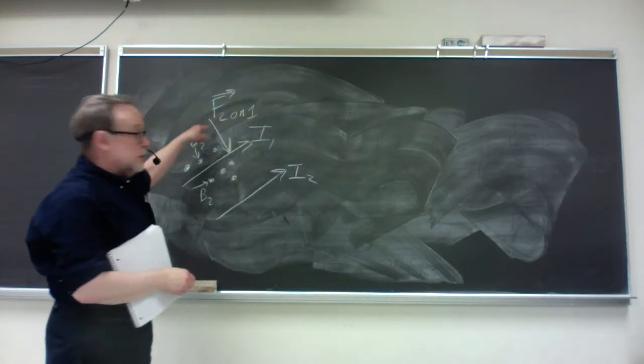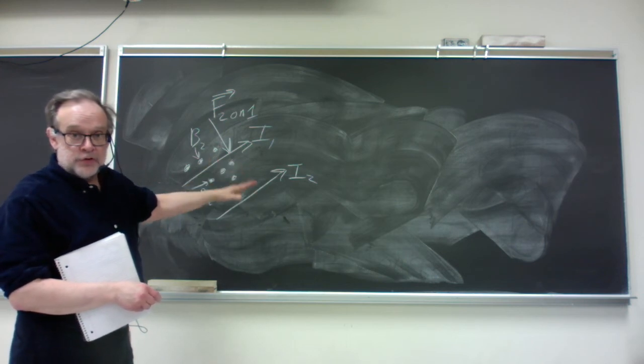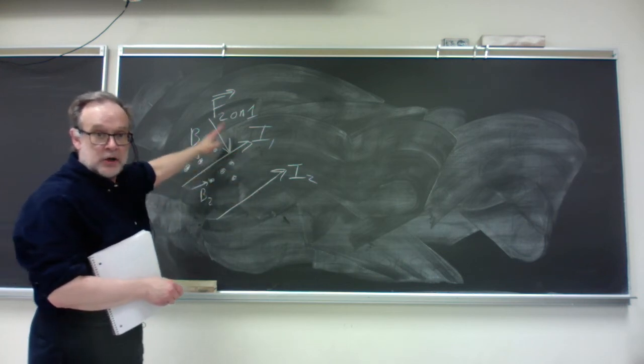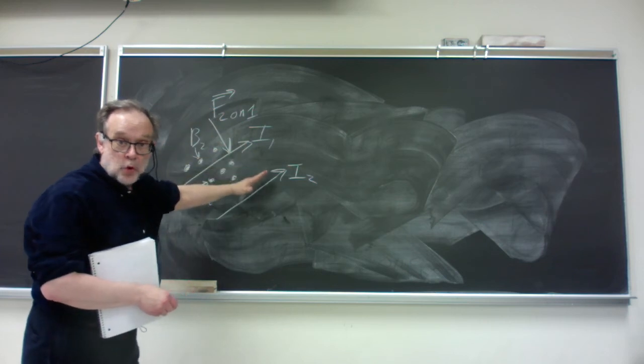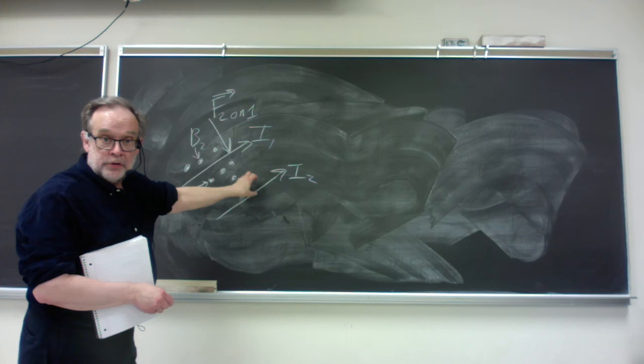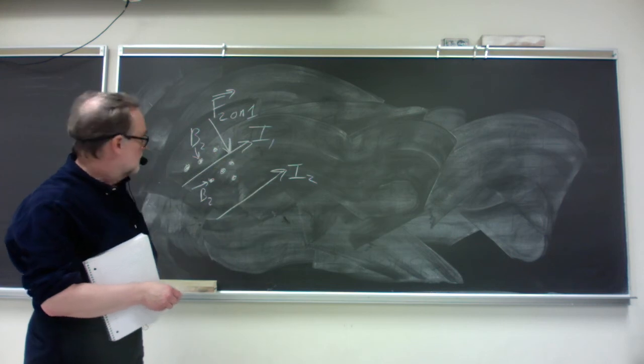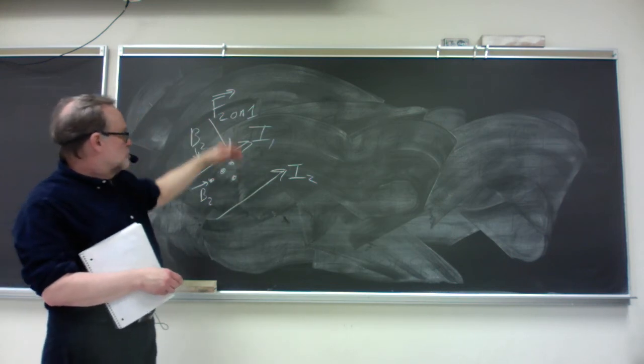And it's actually an attracting force. The magnetic force from current 2 is attracting 1 towards current 2. Current 1 is being pulled this way by the magnetic force that comes from current 2. So that's the force from 2 on 1.